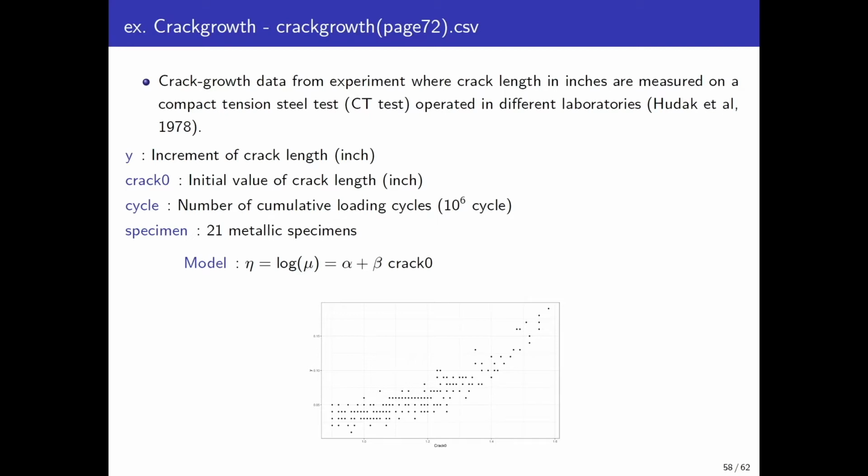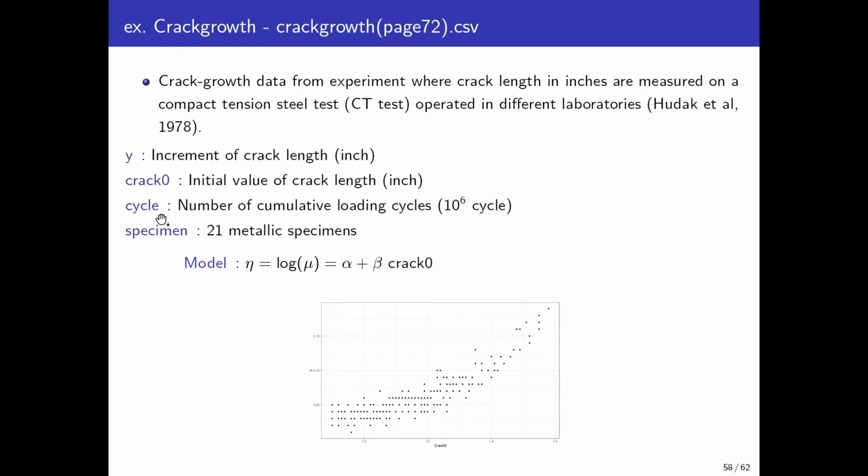And we have 4 variables. First, y, which is the measurement of crack length, and crack0, the initial value of crack length, cycle, the number of cumulative loading cycles, and specimens, 21 metallic specimens.